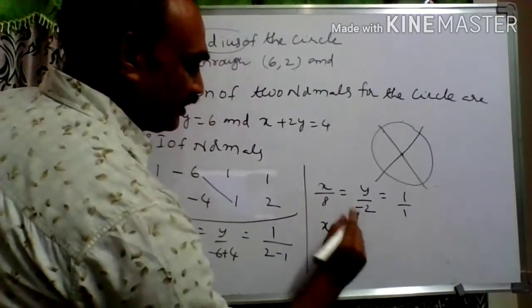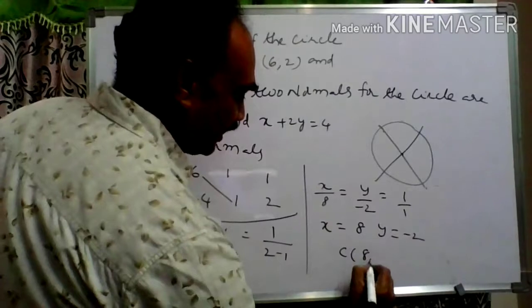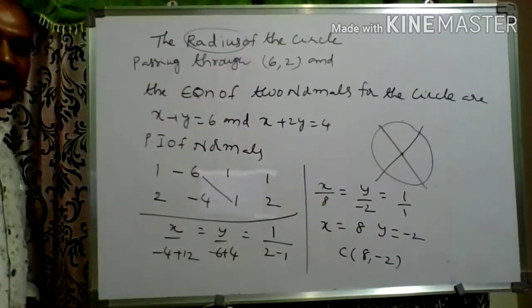Students, x is equal to 8, y is equal to minus 2. Therefore, center is (8, minus 2).